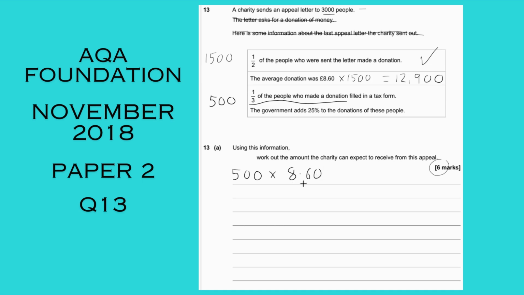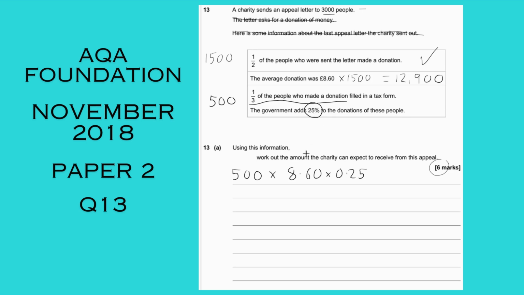So we've already included, so we don't want to be multiplying by 1.25. We want to be multiplying by 0.25. Because we've already done it for the 1,500 people, we've included it in there. So we're only going to do now the government donation.